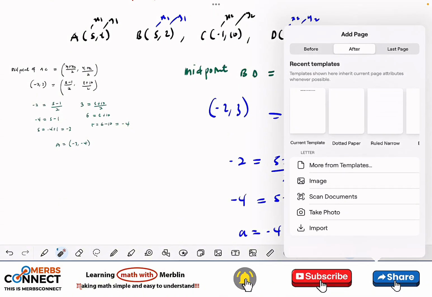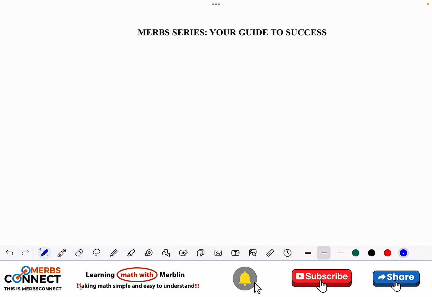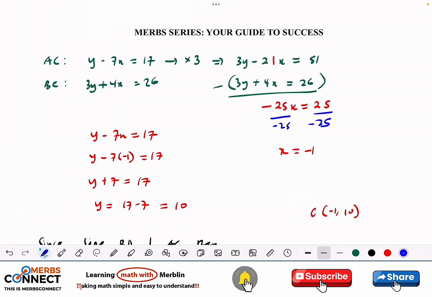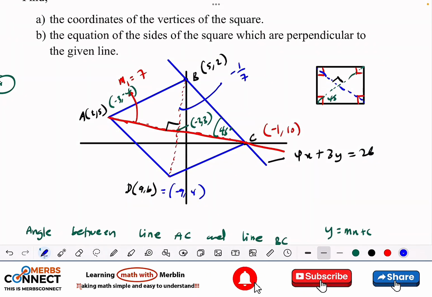So I think we will need another last page for this question. Then we look at the last one. So now we are looking at the equation of the line AB and CD.